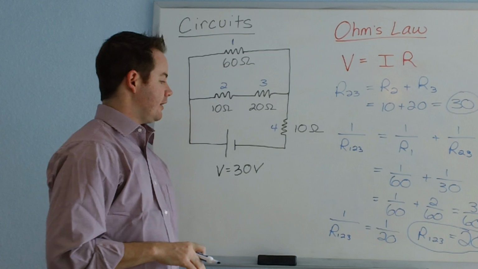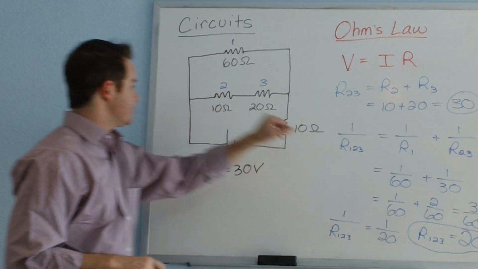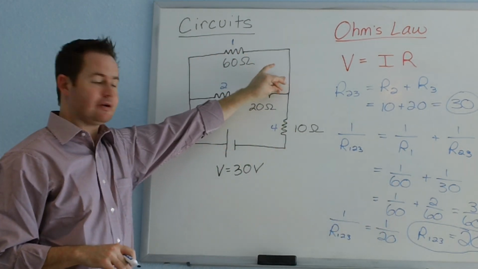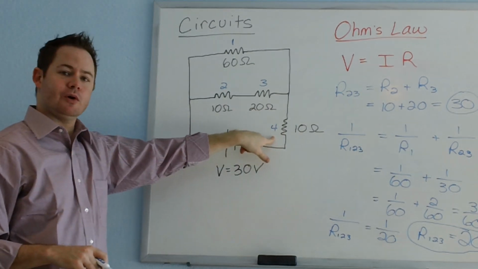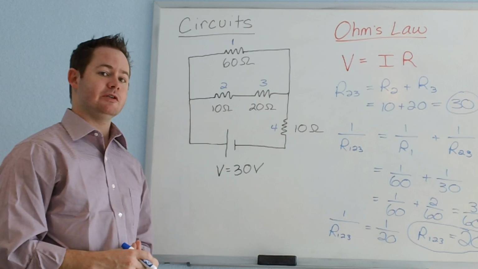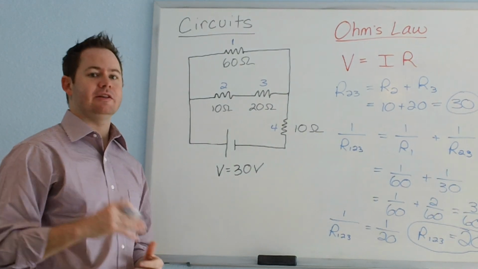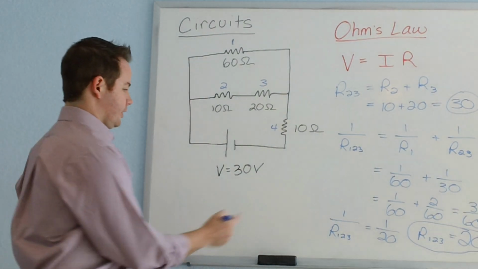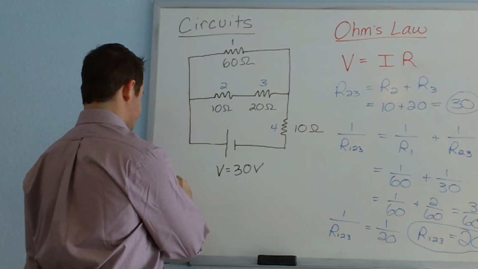So now we take our value for the equivalent resistance of these first three resistors all together. And if we look at resistor 4 is in series. And what do we do when we have resistors in series? We add them together. So we're going to take that resistance of resistors 1, 2, and 3.